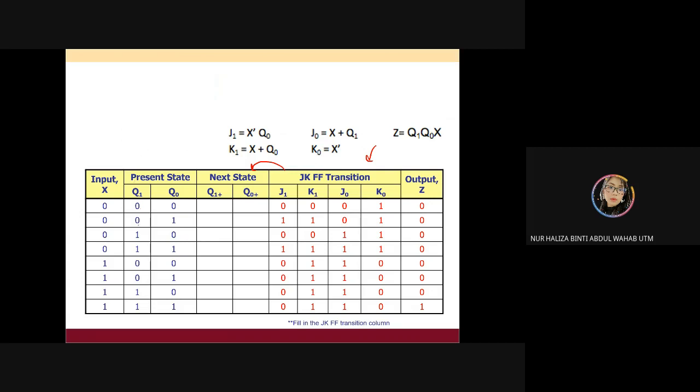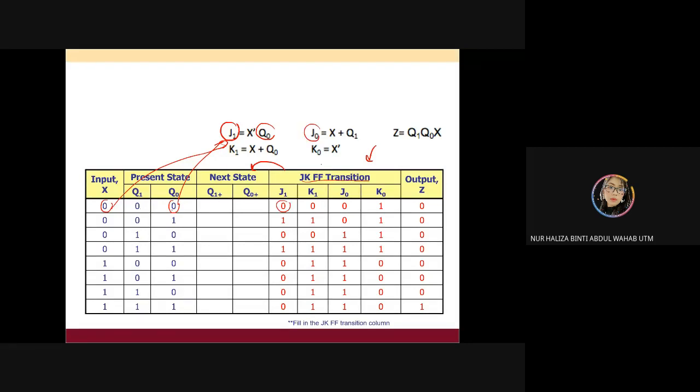If let's say 0, 1 for your present, the JK value depends on it for your next state. Now in the JK transition column here, J1 depends on the value of X and also Q0. From this, you fill in the values and you will get J1.